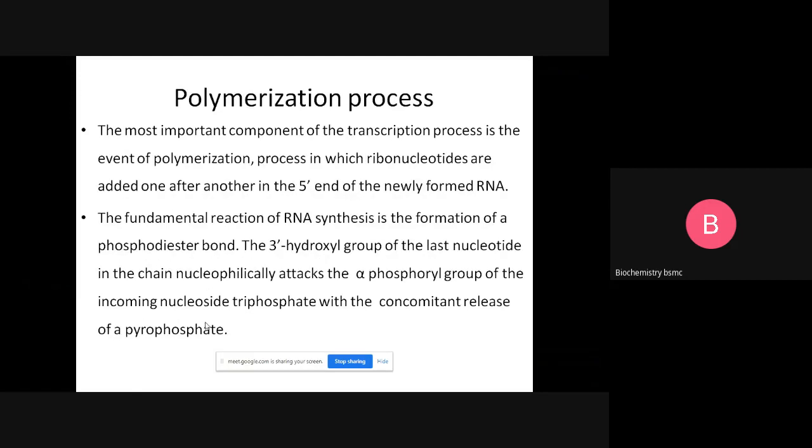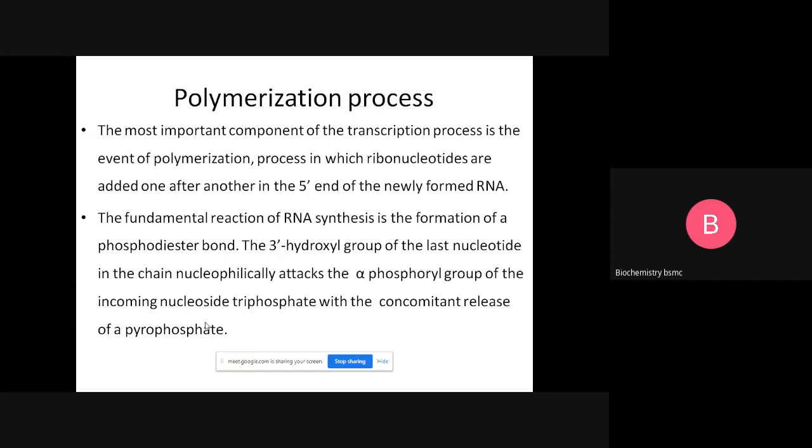So the most important component of the transcription process is the event of polymerization, just like DNA replication. A process in which ribonucleotides are added one after another. In case of replication, it was deoxyribonucleotides. So ribonucleotides are added one after another at the 3' end of the newly formed RNA.